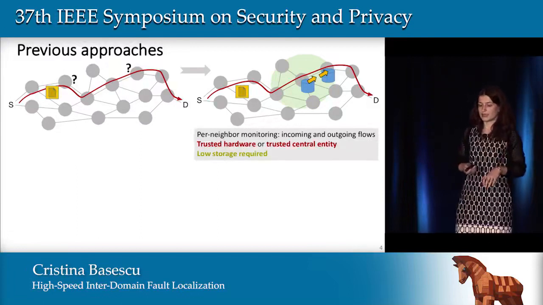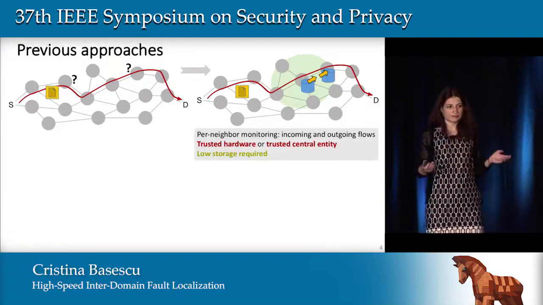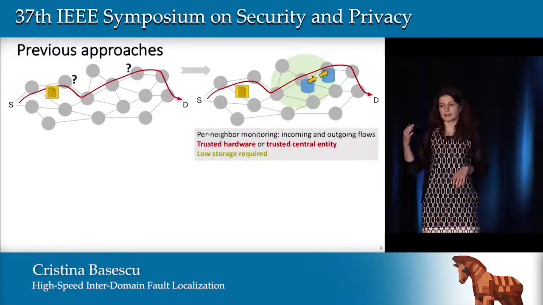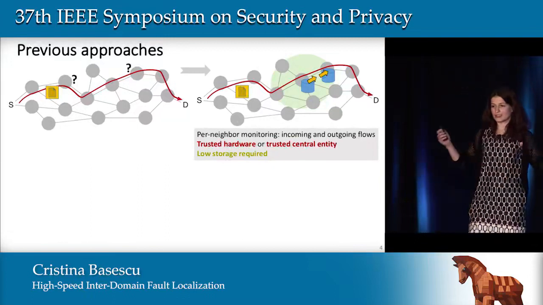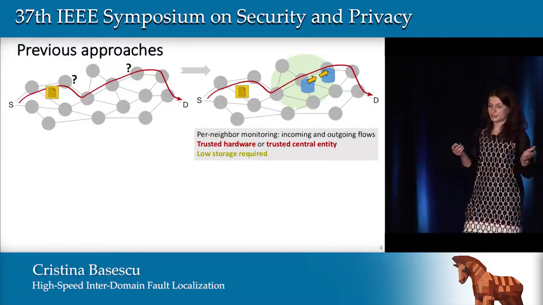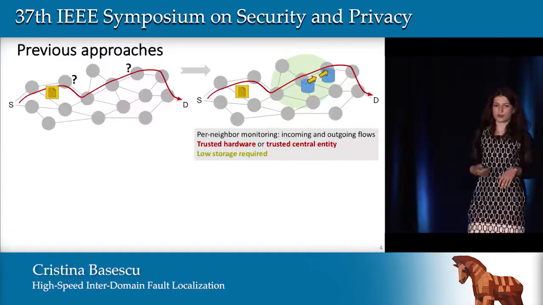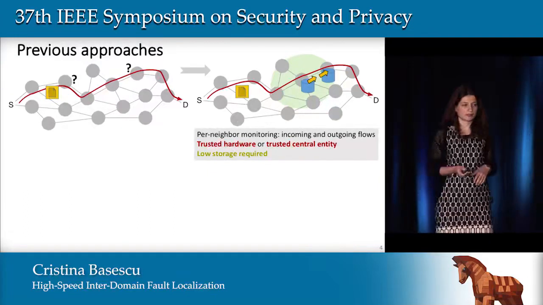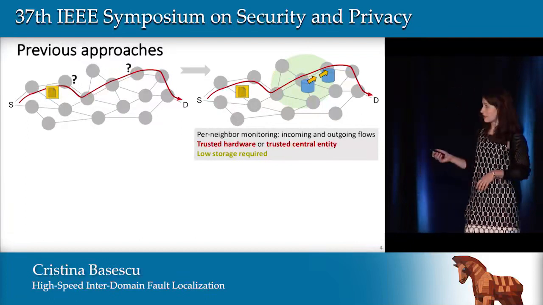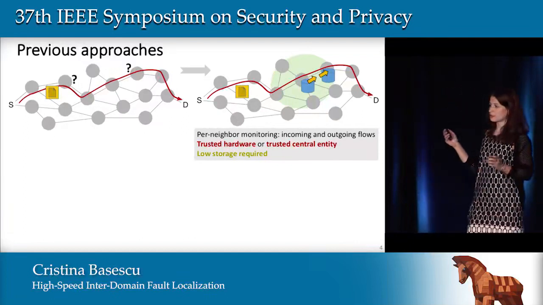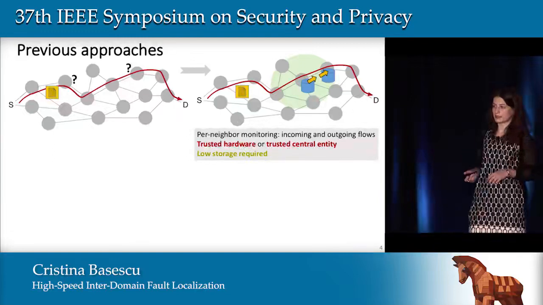And they can use either trusted hardware, or they can send these summaries to a trusted central entity. But in large-scale networks, relying on a trusted central entity or requiring everybody to deploy trusted hardware is cumbersome. On the positive side, these approaches require low storage overhead. It's only per neighbor state.